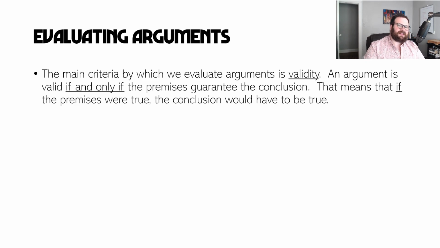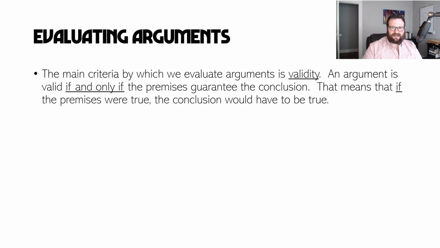Validity just says if the premises were true, the conclusion would have to be. So you might have a valid argument that has a false conclusion. You might have a valid argument that has false premises, right? Just so long as you don't have true premises and a false conclusion, that's fine.